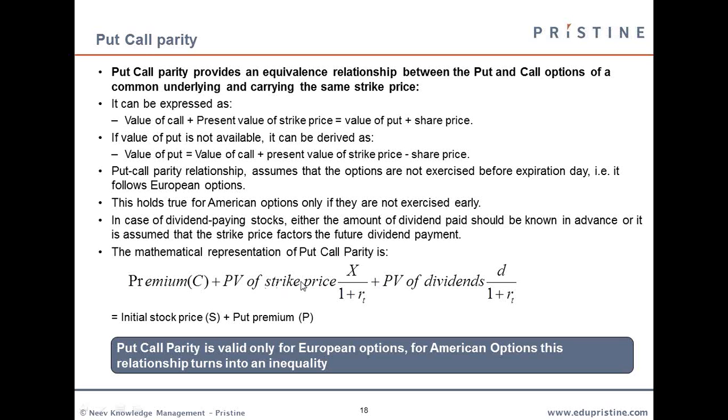So the equation can be roughly put into this: call plus present value of strike price plus present value of dividends will be the same as stock price plus the put premium. Here the point to note is this put call parity is valid only for European options. For American options, this turns into an inequality, which is the left hand side will be greater than the right hand side.